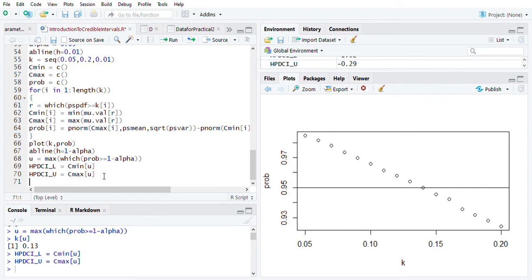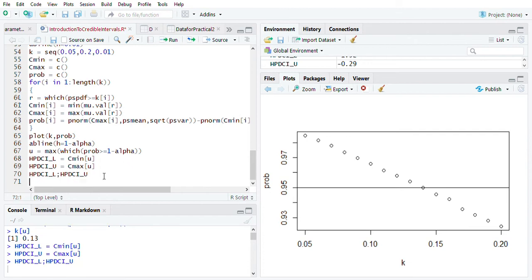So what are they? Minus 1.92 to minus 0.29.